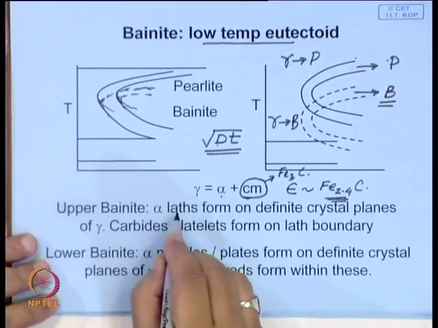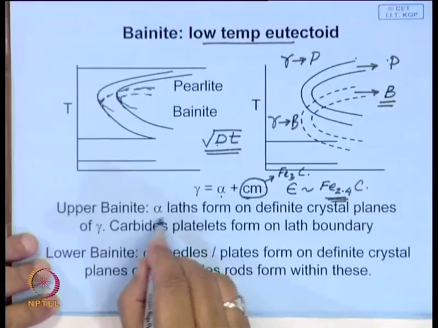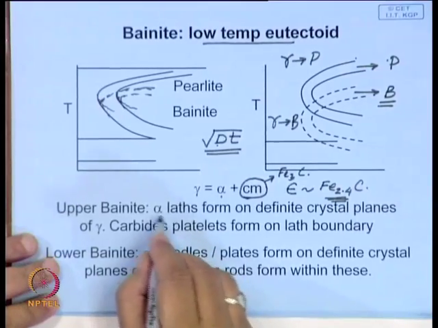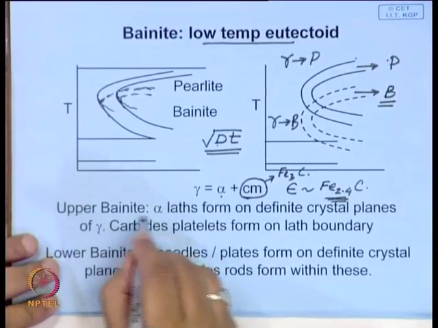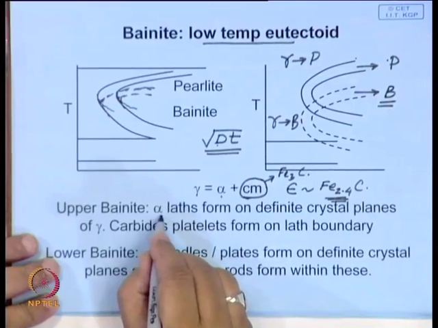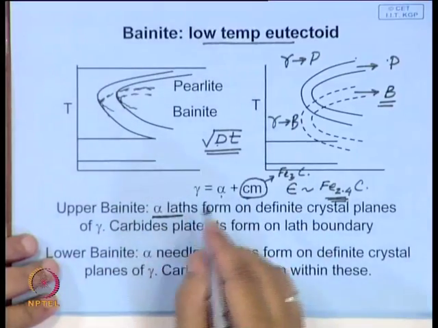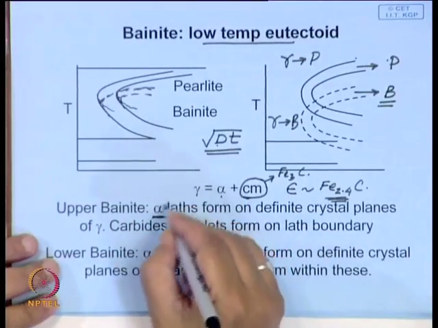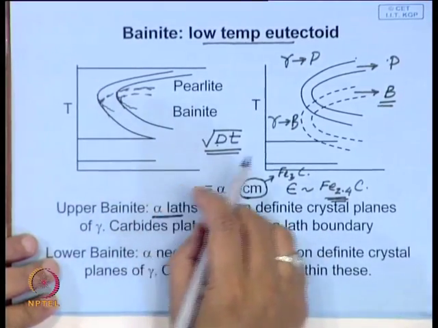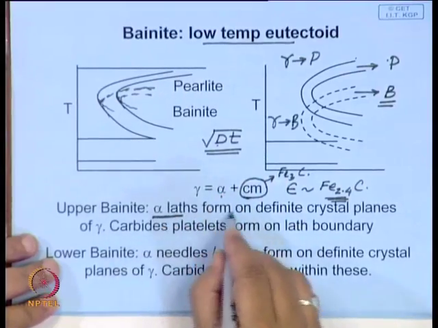Unlike pearlite, there is some orientation relationship here. What happens in the case of bainite is that some strips or laths of ferrite form at the grain boundary and move, and as it moves the carbon starts precipitating as carbides.